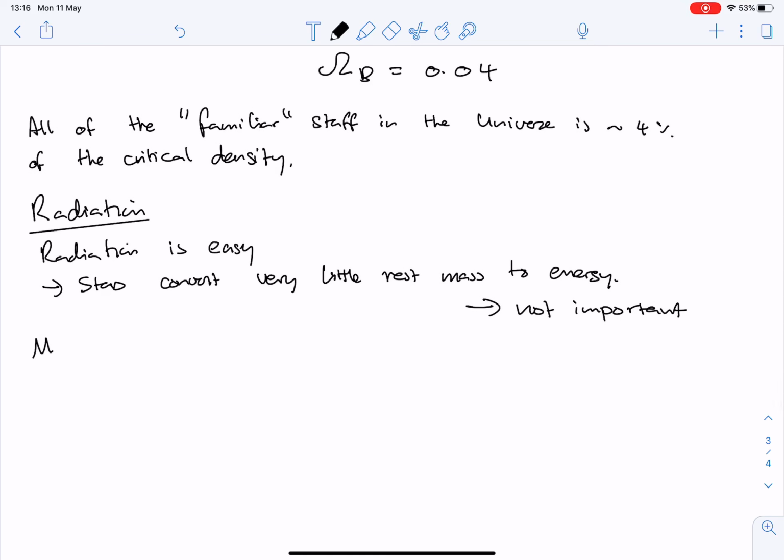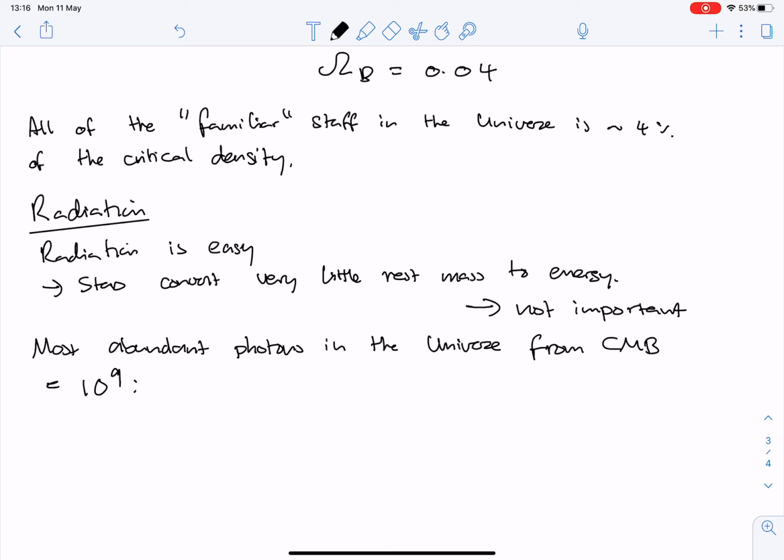And so the most abundant photons in the universe are from the cosmic microwave background. And we know that there are about 10 to the 9 of those for every baryon. So actually that looks quite promising, doesn't it?